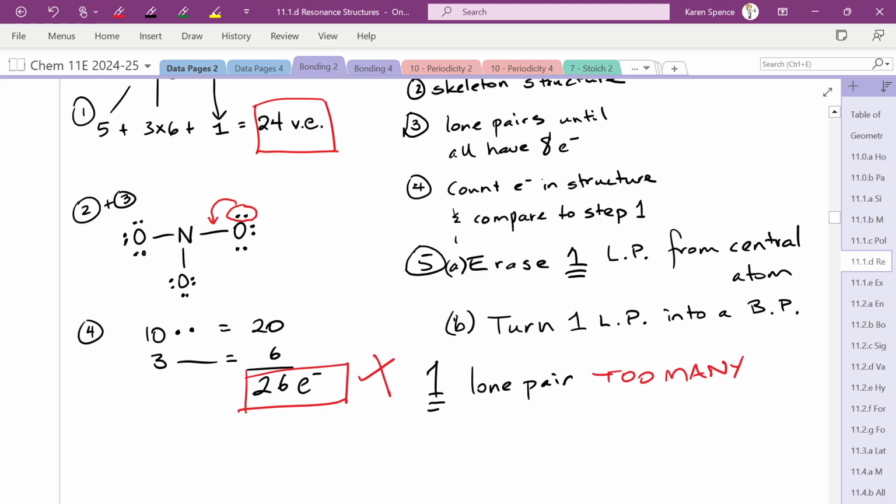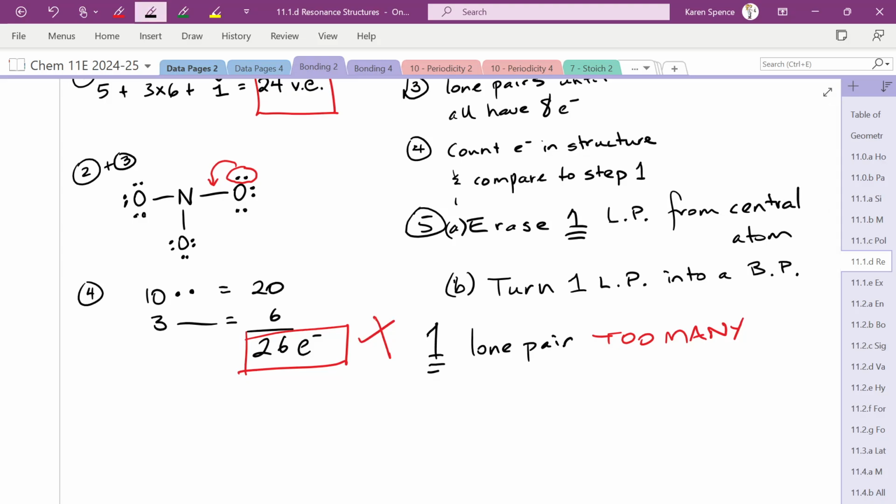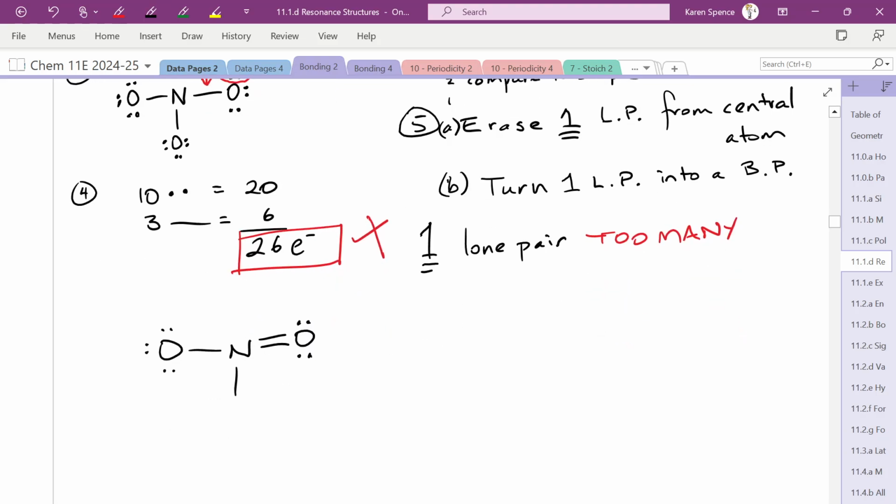Doesn't matter. Did you all get a structure that looks like this or had the double bond in a different position? Are we good with that?